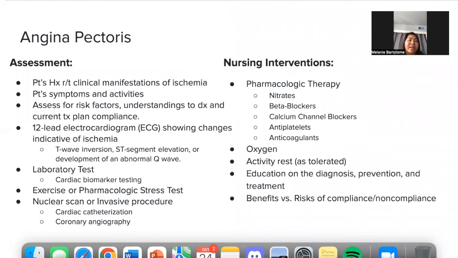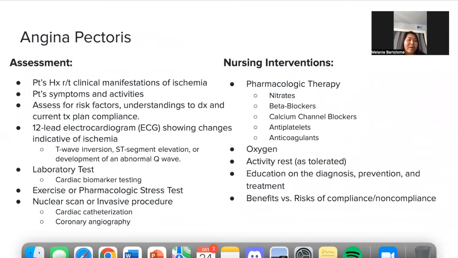Assessments would include getting the patient's history related to the clinical manifestations of ischemia, assessing the patient's symptoms and their activity, assessing the risk factors, understanding of their diagnosis and current treatment plan compliance. They could also do a 12-lead electrocardiogram showing changes indicative of ischemia, which would include T-wave inversion, ST segment elevation, or development of an abnormal Q-wave.